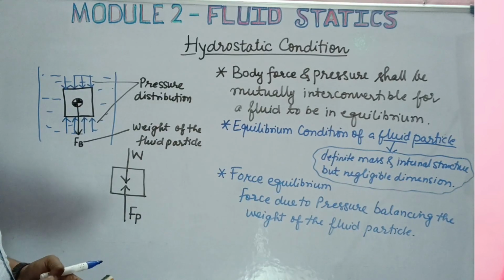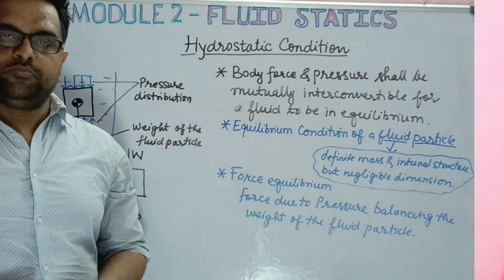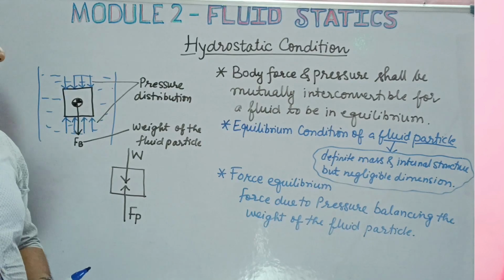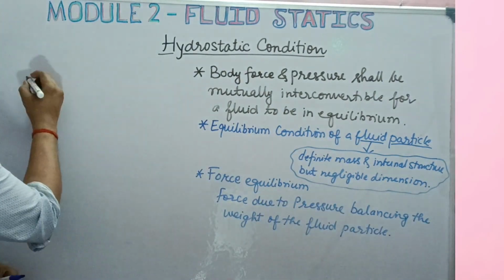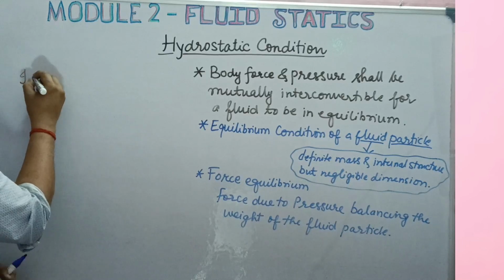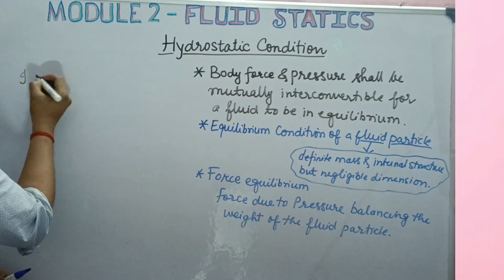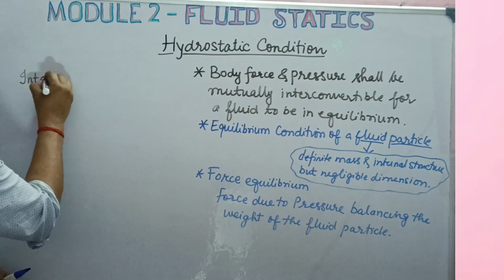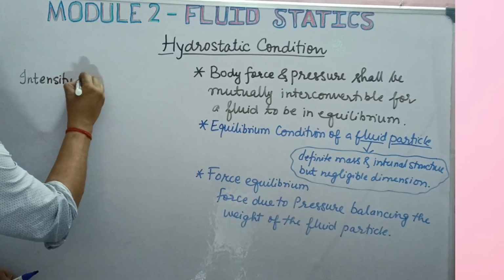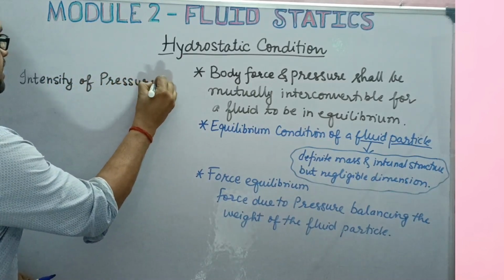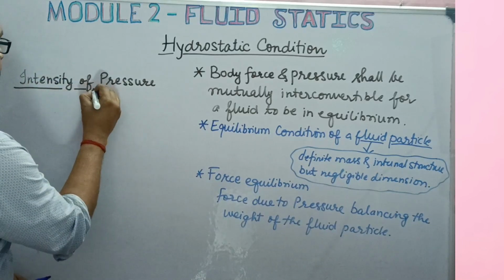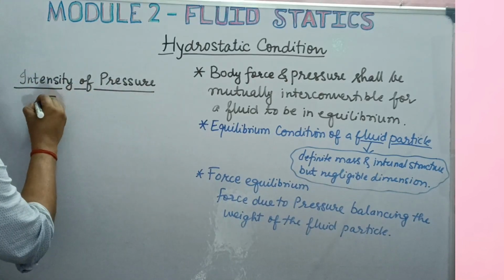Now these two forces are mutually interconvertible in case of fluid at rest. We have already discussed a bit about pressure or the intensity of pressure. Now let's talk about the intensity of pressure again. For this, let us say that we have a soccer ball that is filled with air.